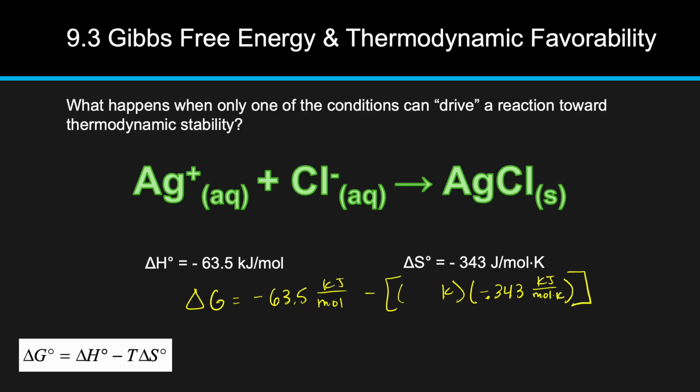So now let's start with our high temperature. So let's use 1200 Kelvin again. If we had 1200 Kelvin times our negative 0.343 kilojoules per mole, that's going to give us negative 411.6 kilojoules per mole. And if we take our original negative 63.5 kilojoules per mole and subtract that number, we can very clearly see that we are adding 411.6 to that negative 63.5.